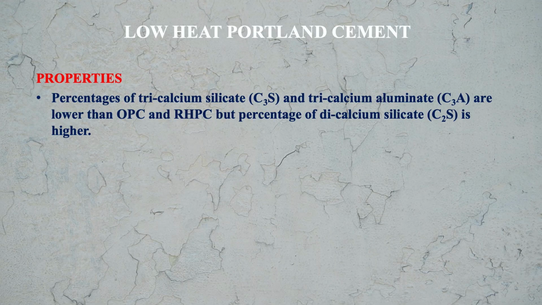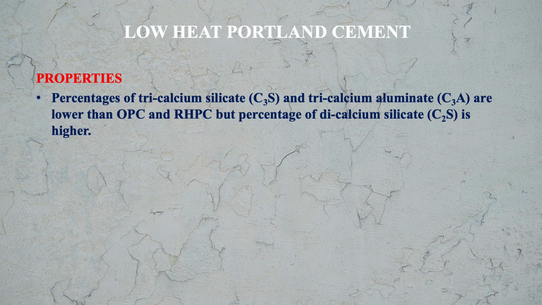Next type of cement is low heat Portland cement. What are the properties of low heat Portland cement? In low heat Portland cement, percentage of tricalcium silicate, that is C3S, and the tricalcium aluminate, that is C3A, the percentage of these two compounds is lower than the ordinary Portland cement and also the rapid hardening Portland cement.